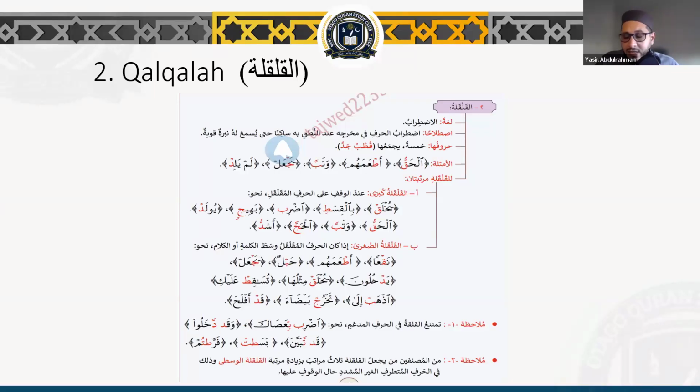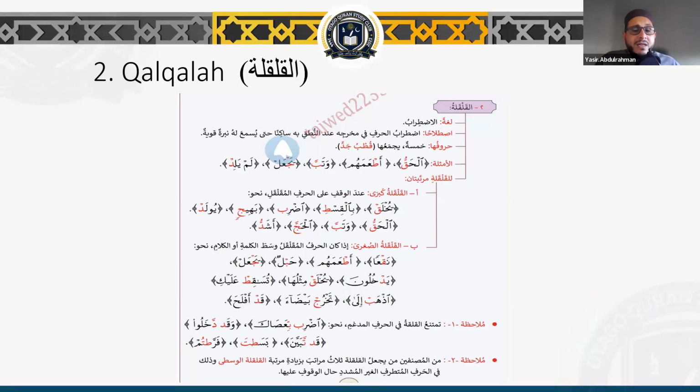Then the letter with haraka is also emitted by parting, which is similar to the muqalqal, but it has a haraka in it. And that's why we need to be very careful with the qalqala, because some people add haraka to the way they pronounce the qalqala. So they make a movement to it, which is not the case. When I say, for example, kasab, it's not the same as kasaba.